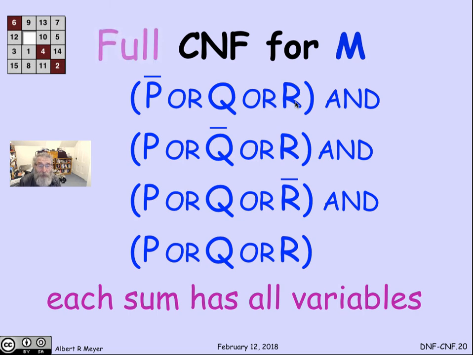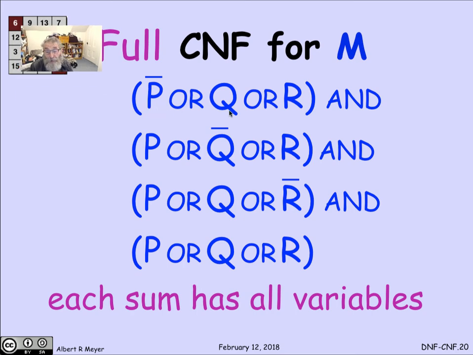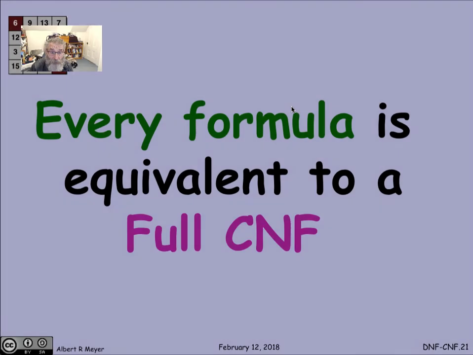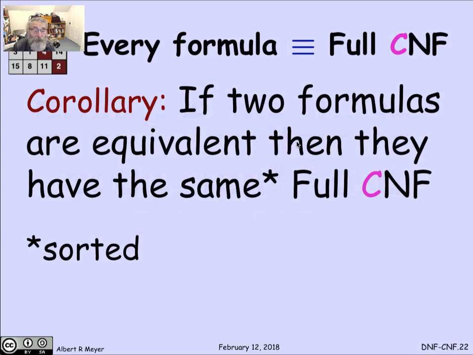Since it has all the variables, this format of formula is called a full CNF. By the same reasoning, we've just concluded that every formula is equivalent to a full CNF because you can just read the CNF right off the truth table of the formula. And again, if two formulas are equivalent, then they have the same truth table, and therefore they will be equivalent to the same full conjunctive normal form, again with the little proviso that I have to sort in order to make the format of the formula unique.